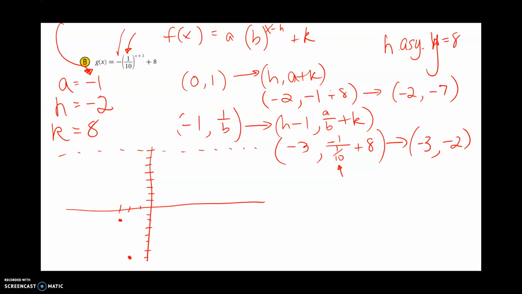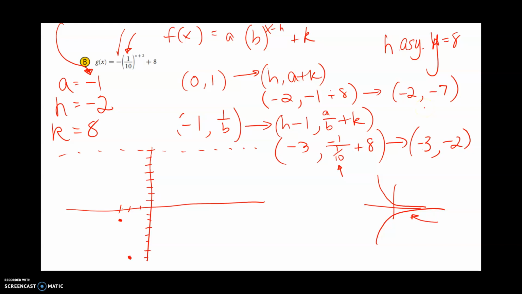This graph is actually reflected over the x-axis. So let's see what that looks like. I have negative 0.1 raised to the x plus 2, plus 8. Just if our parent graph does this, the shape of this graph has got to do something like that, right? This would be reflected. In 1/10, this is really steep.